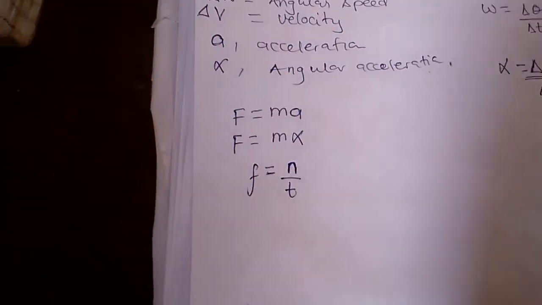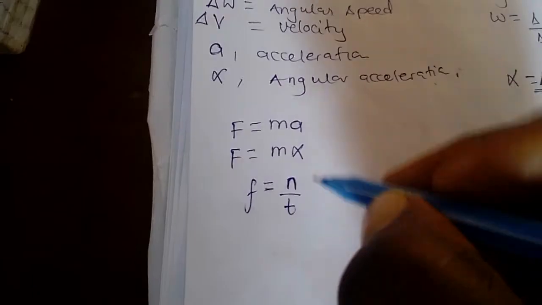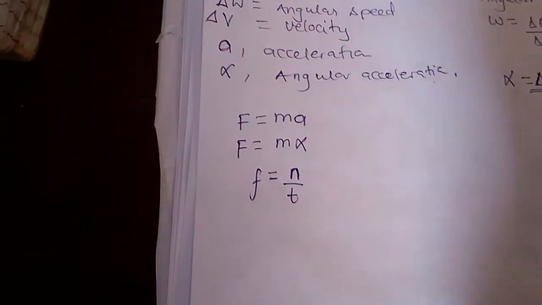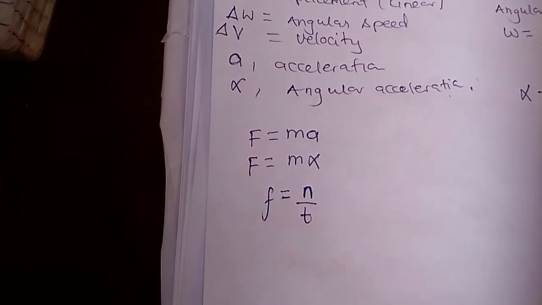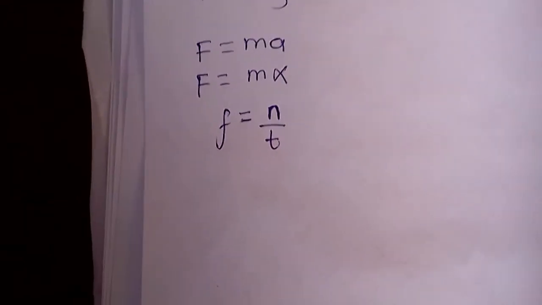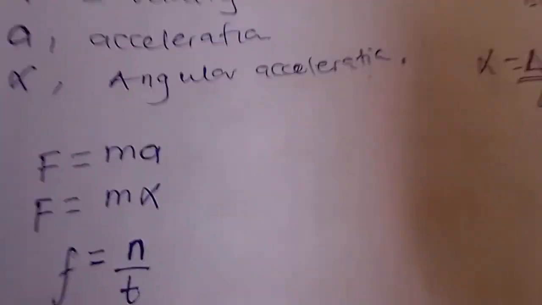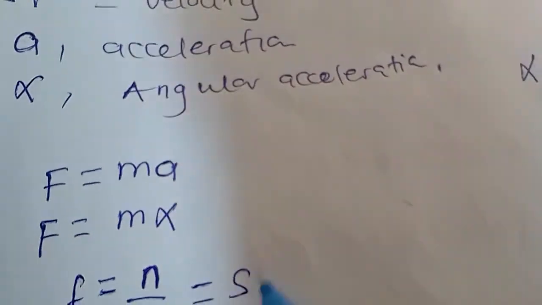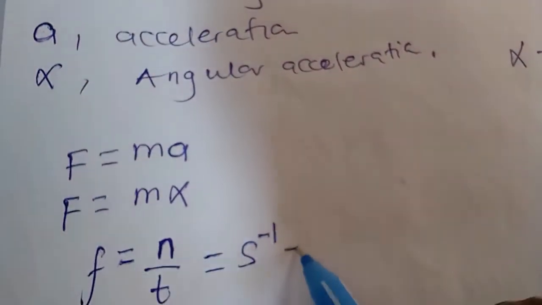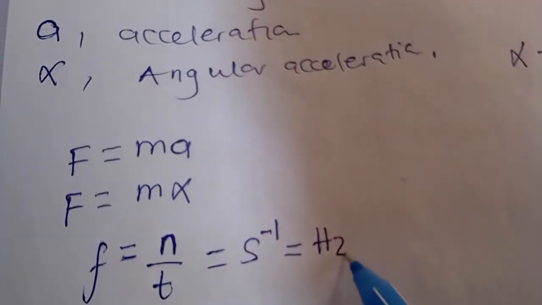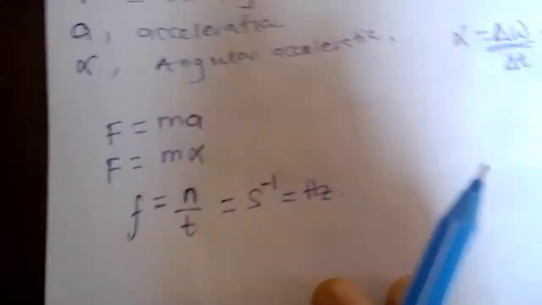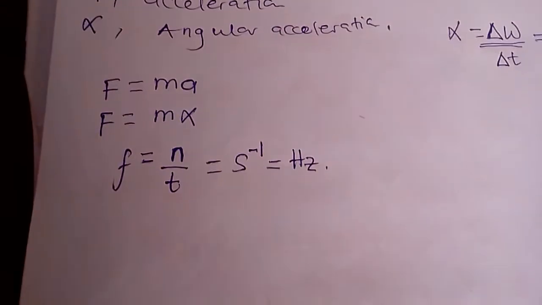Meaning that frequency is simply the rate at which an object is able to oscillate from one point to another. So the rate, in short. Frequency is usually measured in seconds inverse, which is also equal to a hertz. That's what we have frequency for.